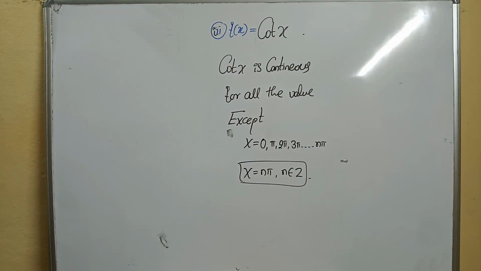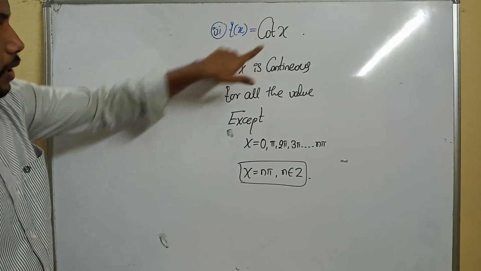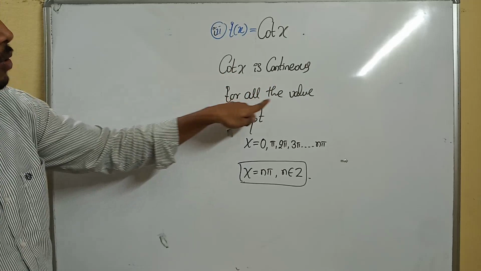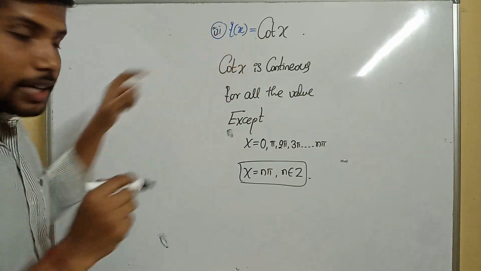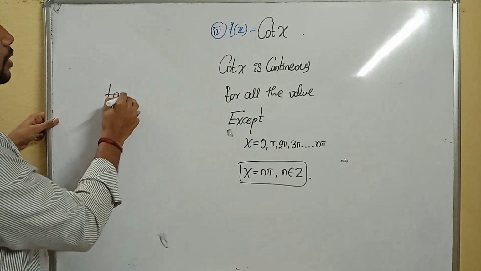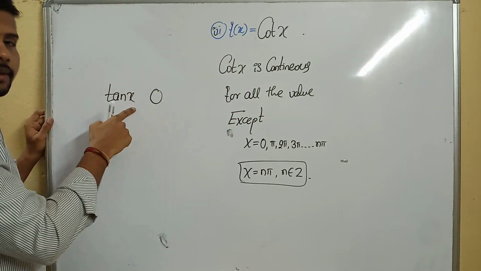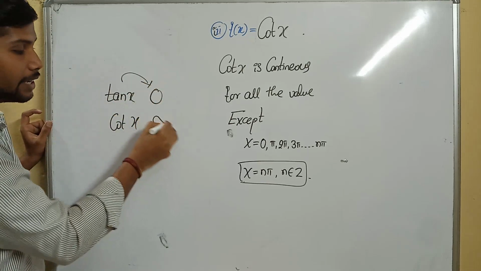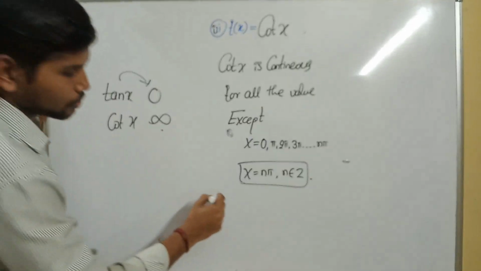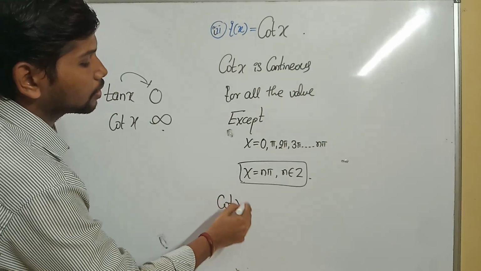Observe the next one. f of x is equal to cot x. Cot x is continuous for all the values except these points. Why? Because the reciprocal of cot is tan x, so wherever tan is 0, cot, the reciprocal of 0, will be indeterminate.